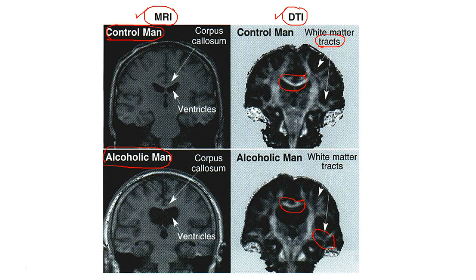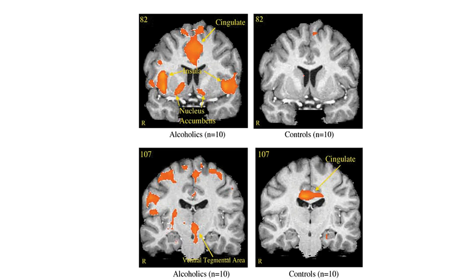In this particular type of technique, you can study the activity level of the brain on top of the brain structure itself. So this is called an fMRI, functional magnetic resonance imaging. And in this particular study, they compared alcoholics to controls to look at their activity level in the brain. And you'll notice that different areas of the brain are lit up in the alcoholic's brain that are not in the healthy control.